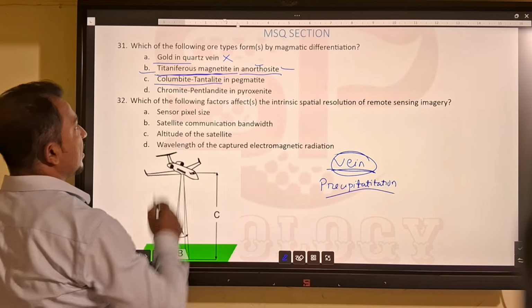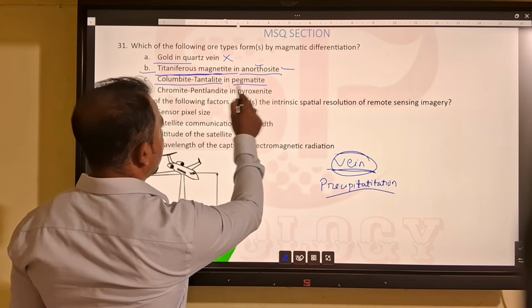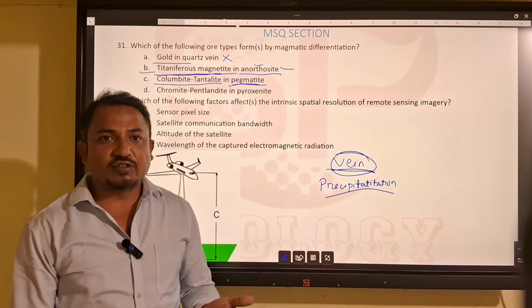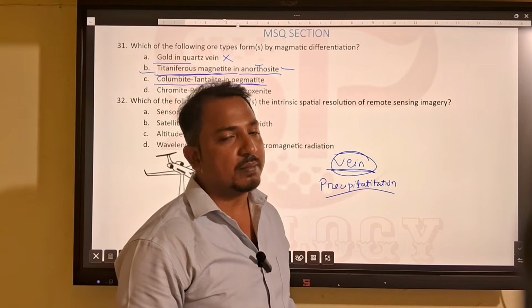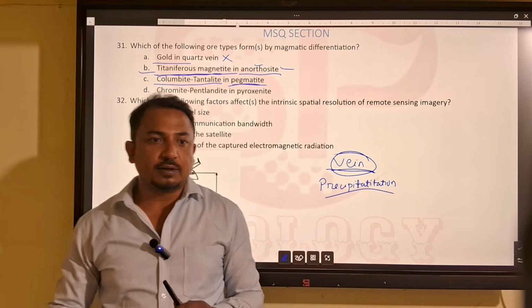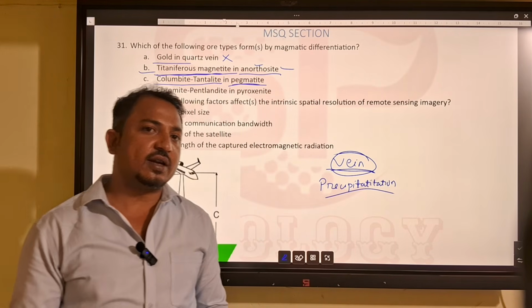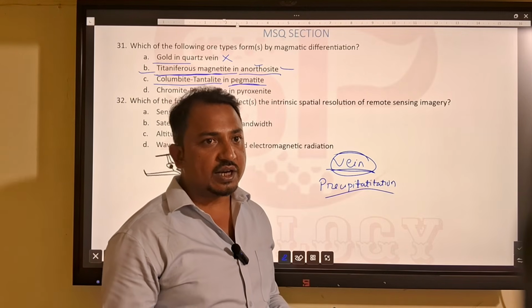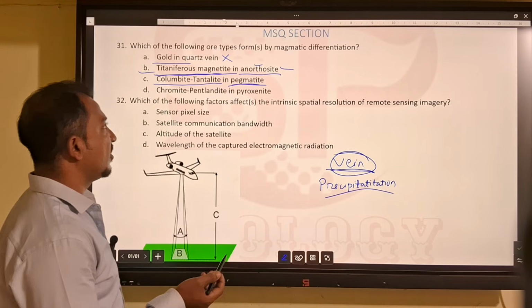Then columbite and tantalite in pegmatite. Pegmatite is produced by highly hydrous, rich felsic magma. That is also produced by magmatic differentiation, where residual melt is richer in various trace elements.